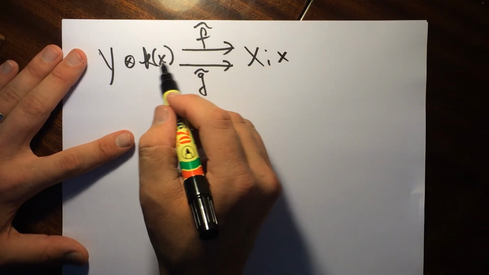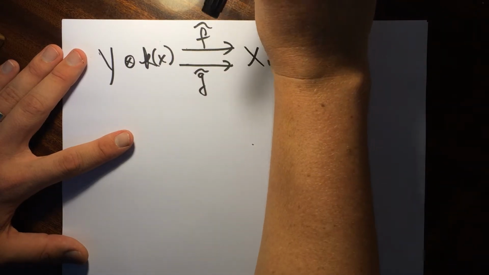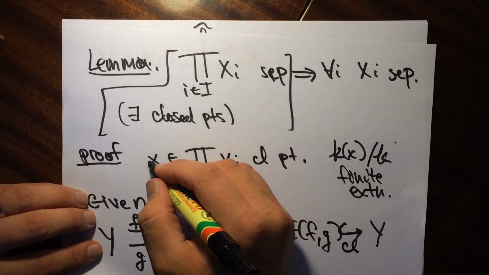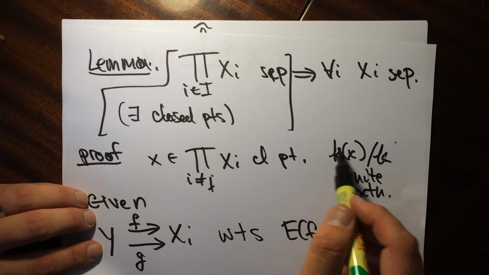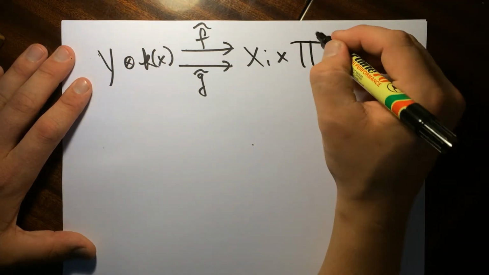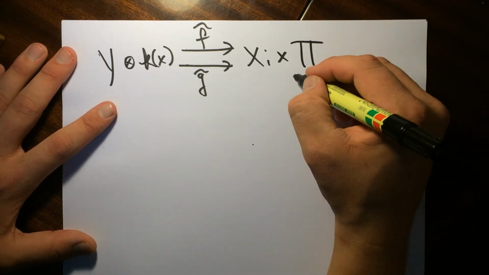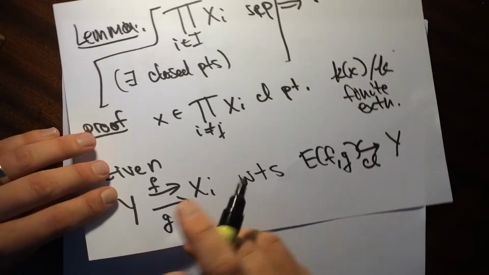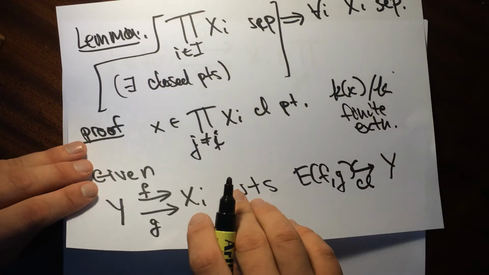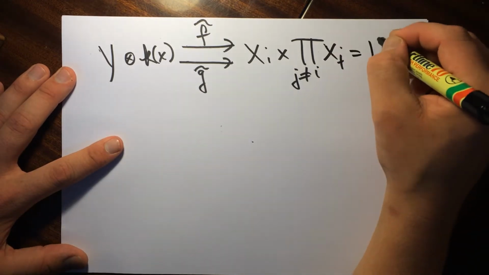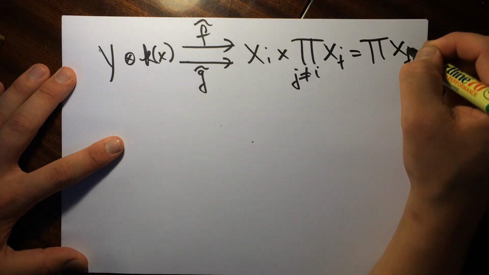So here ki goes into the product, but really we can view this as a map from spec of this thing into here, for j not equal to I, the xj. And so this is just equal to the product of these xj's here.